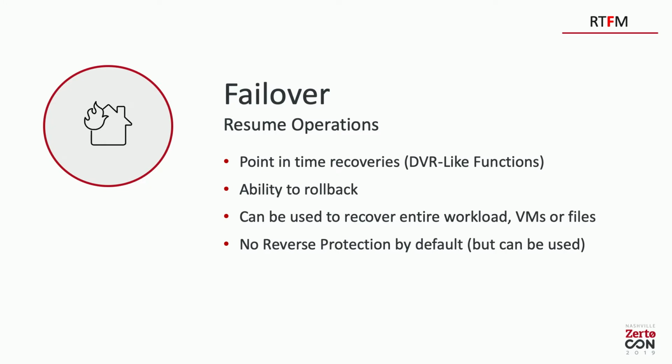All you have to do is stop the operation. The key thing to note is that because the source site's unavailable, you're going to have a finite number of checkpoints, because the other ZVM, the Zerto Virtual Manager, is down and we can't create new checkpoints. So all you'd have to do is stop the operation, wait for it to clean itself up, and then pick another checkpoint and start it again.